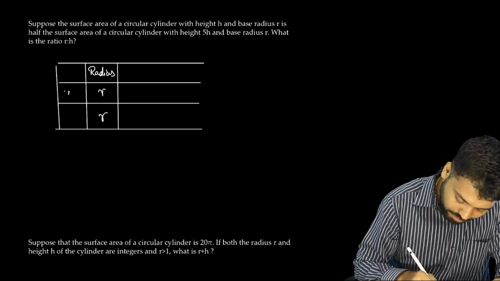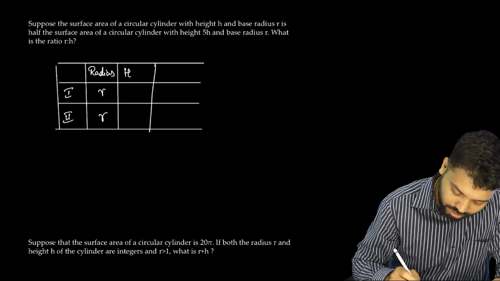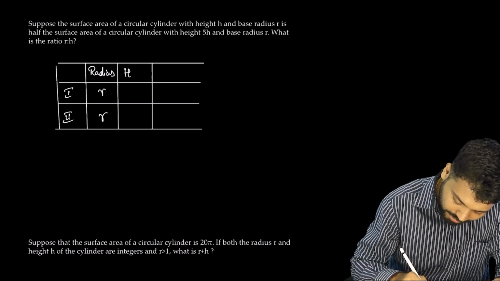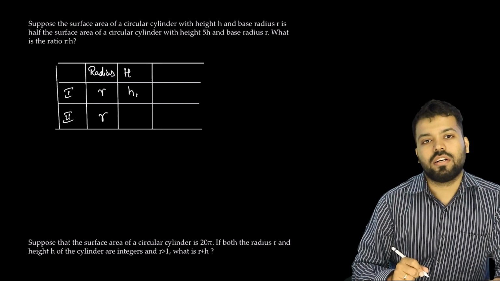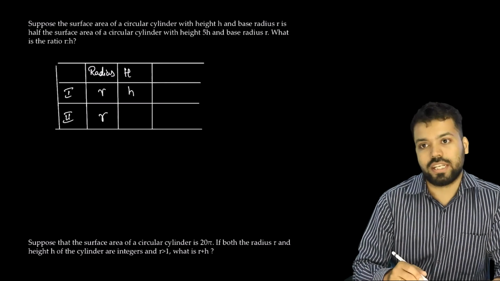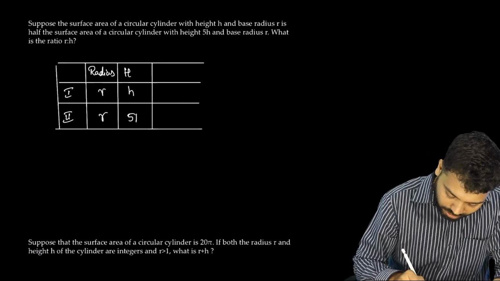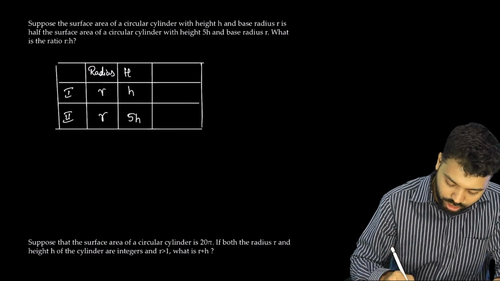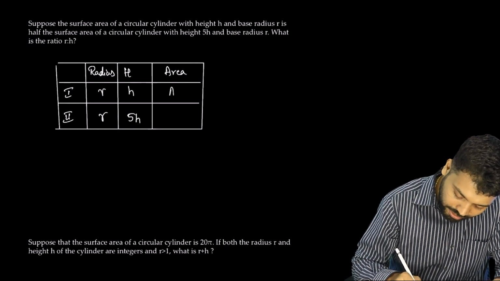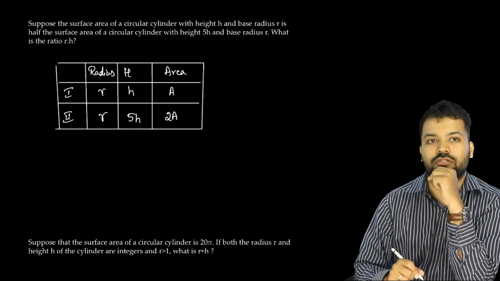This is the first case, this is the second case. Height, we'll take this as h1. What is the relationship between h1 and h2? In the second case, height is 5h. And what they have told about the surface area: if I take this as a, this will be 2a. Correct? This much information I have.